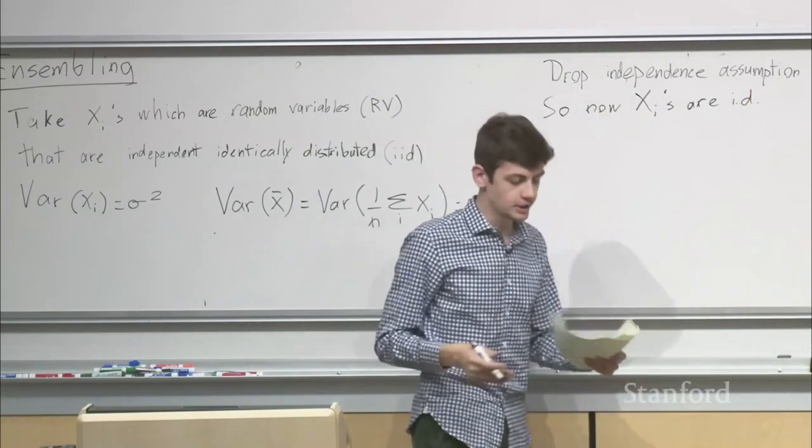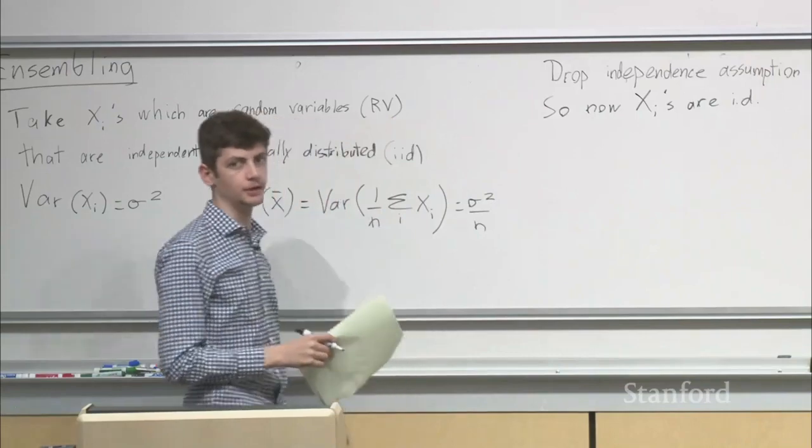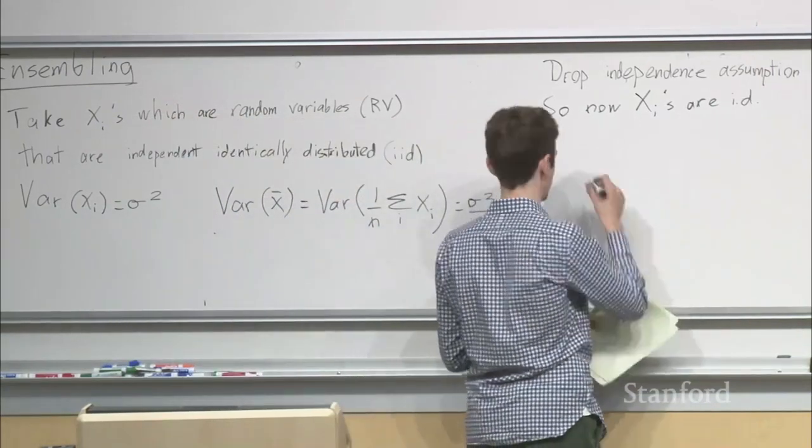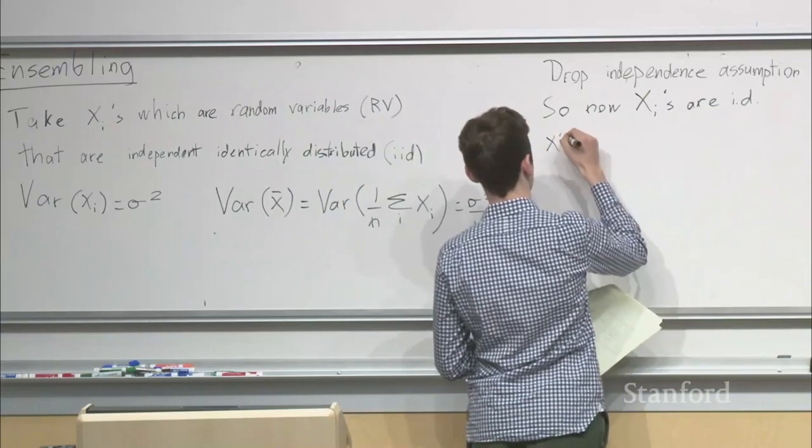Okay, and say we can characterize what the correlation between any two xi's is, and we can write that down as rho.